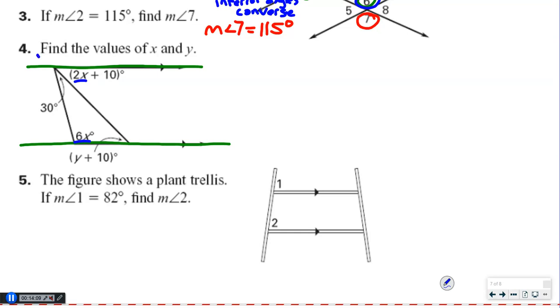If we look at this transversal, we see that 2x plus 10 would be alternate interior with our y plus 10. I'm not sure that helps us out a whole lot there. Not yet anyway. We need to find x before we can do that. So let's look at the other information we're given, the 30 degrees there.